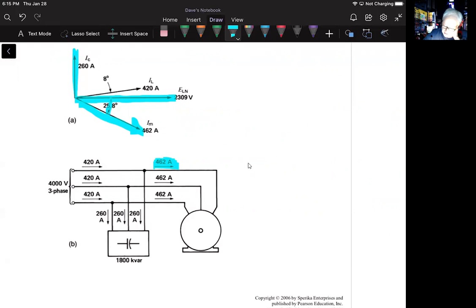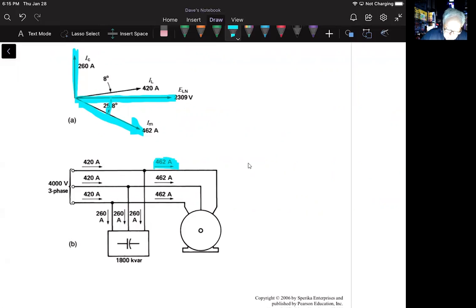Now, the last thing here is, he says, where should the phasor current I sub C be located on the phasor diagram? The capacitors are connected in delta. We can assume a Y connection for the motor. There's that assumption. This can create unnecessary phase angle complications if we try to follow the actual currents inside the capacitor bank.